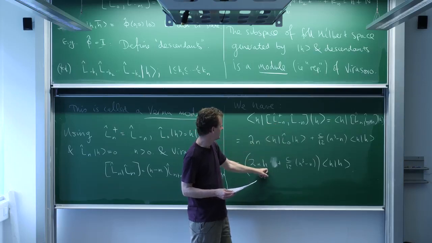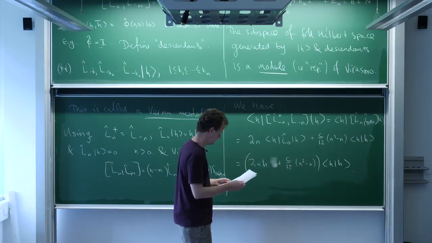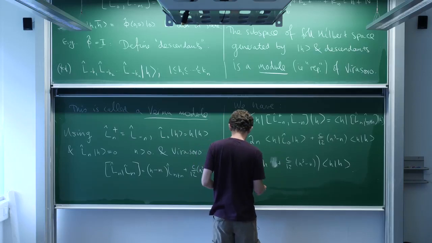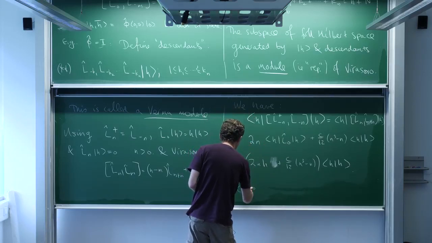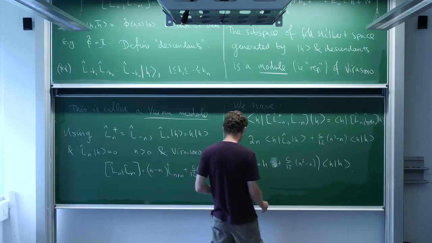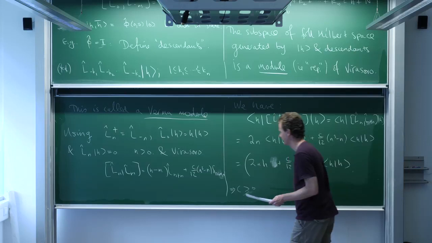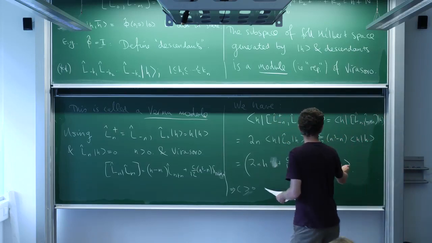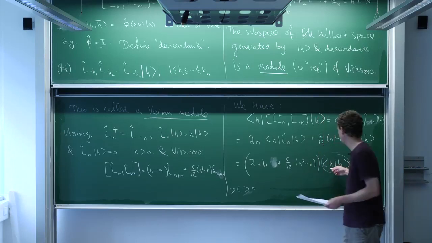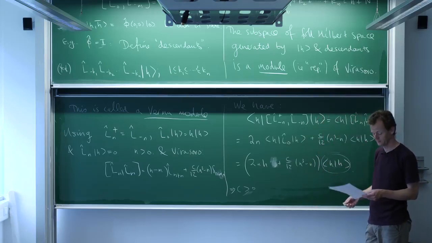As n becomes very large, this becomes negative if c is negative. So we already learned that c must be greater than or equal to 0 if this is a positive inner product. The other option is that the inner product of h with itself is 0. That's the other option.